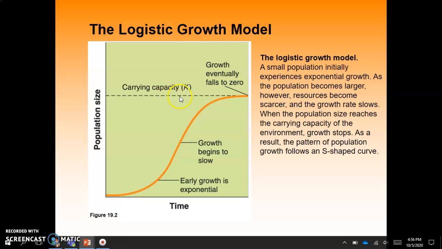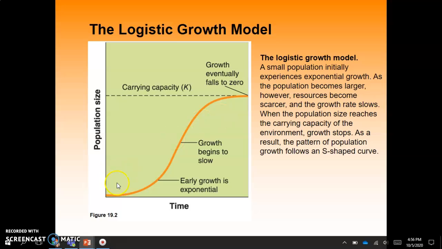This is the maximum amount of individuals in the population that can be supported by the ecosystem. So what happens is when the population gets to the carrying capacity, the growth rate will fall to zero. The population will stop growing and it will just cut off and maintain around its carrying capacity.